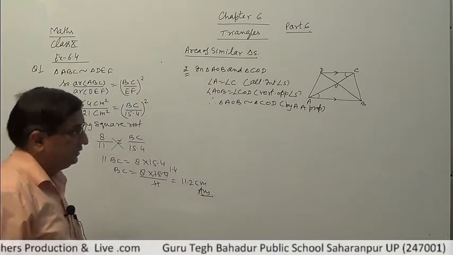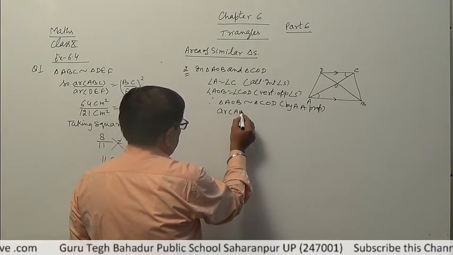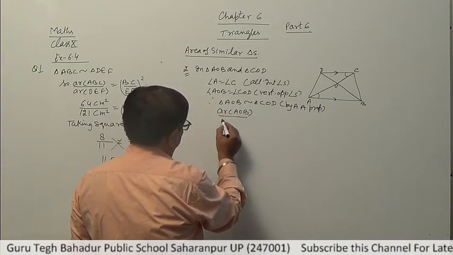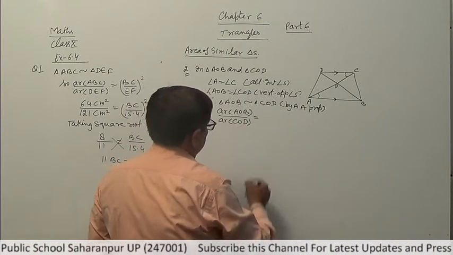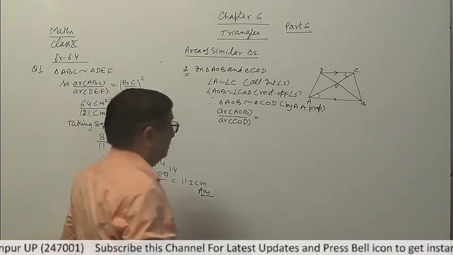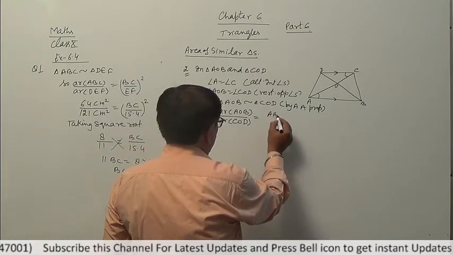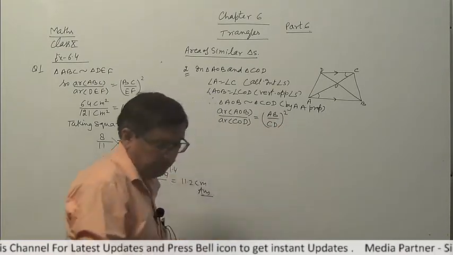When triangles are similar, their area ratio will be equal to the ratio of the side squares. So AB upon CD whole square.